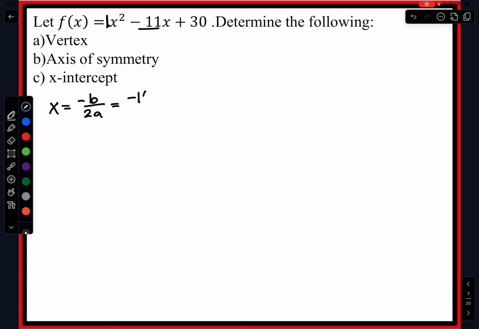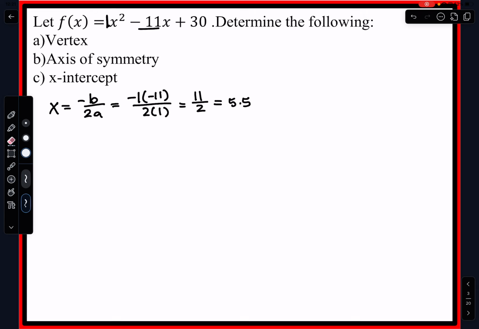So negative 1 times the b value of negative 11 will be divided by 2 times the value of a, which is 1. This simplifies to 11 over 2, which is 5.5. So we have the horizontal shift, or the x-coordinate of the vertex.